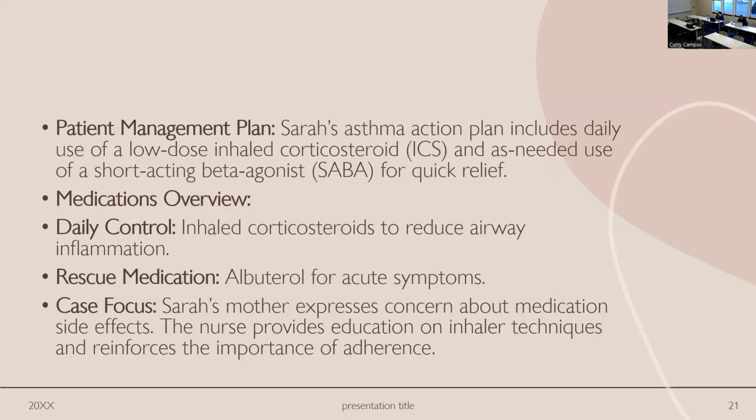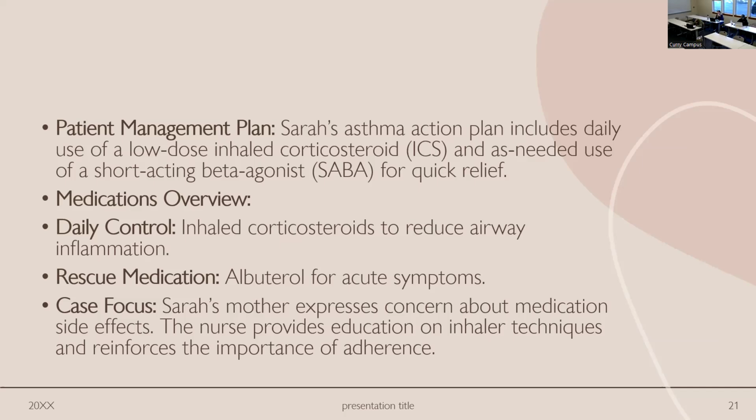All right, patient management plan. So Sarah's asthma action plan includes daily use of low dose inhaled corticosteroid and as needed short-acting beta agonist for quick relief. So hopefully she'll be carrying that with her at school. Daily control inhaled corticosteroids to reduce airway inflammation.